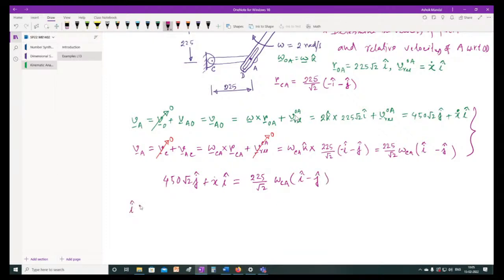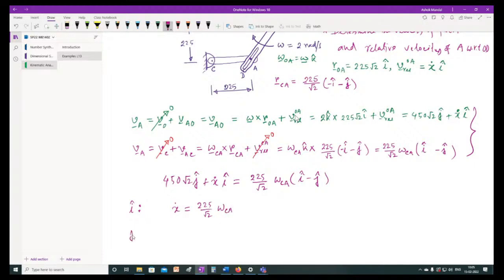Now if you just separate coefficients of i cap, so you have x dot equals 225 by root 2 into omega CA, right?